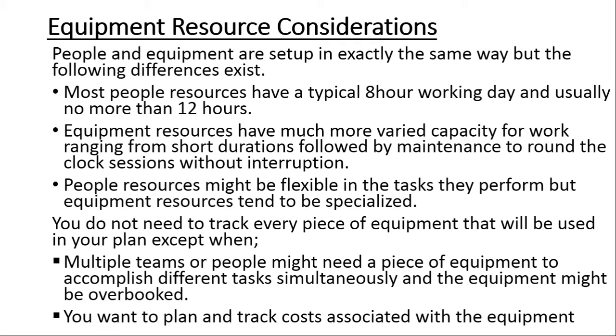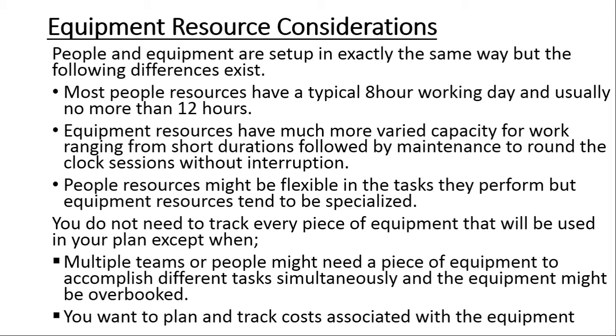On a project, we don't necessarily need to track every piece of equipment that is going to be used. We only track equipment if there are going to be different teams that might need to use the same equipment. In other words, there is potential for double booking or for overbooking a piece of equipment.